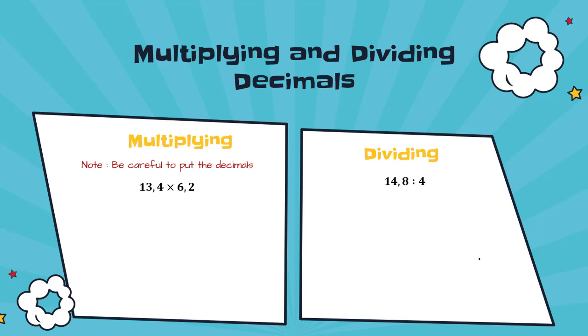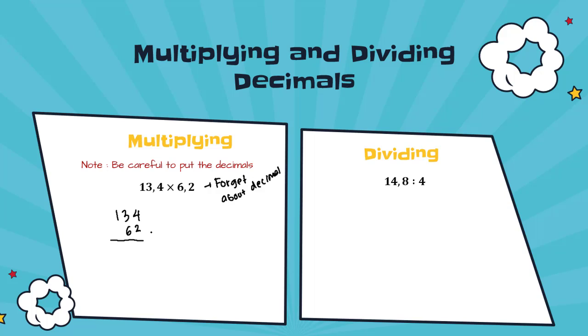So next, about multiplying and dividing decimals. In multiplying, you have to be careful to put the decimal. For example, this question: just forget about the decimal first and you can use your method or the traditional method to solve this question.